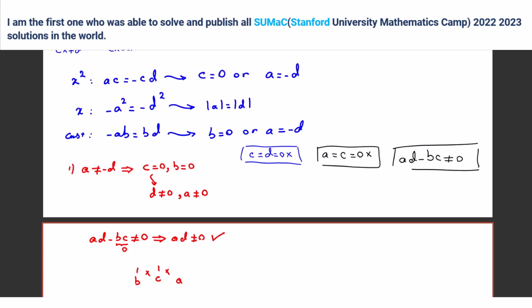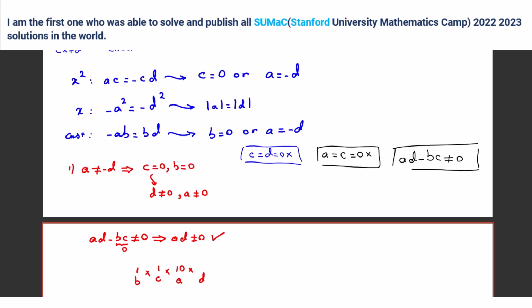Okay, so 10 cases. What about D? D has how many cases? A has 10 cases. We don't have any condition between them.